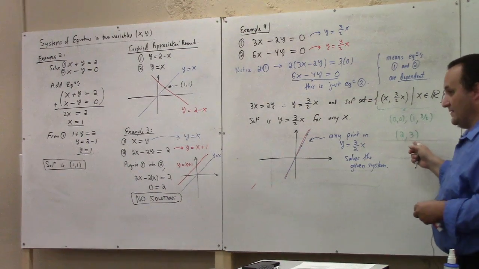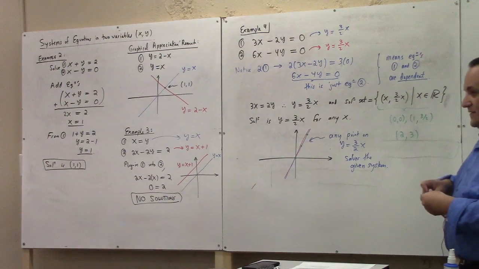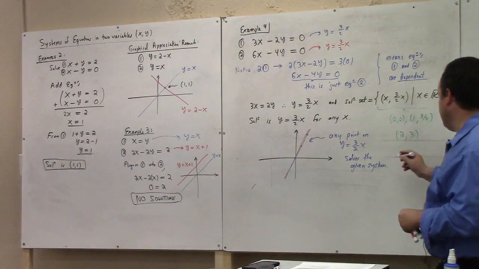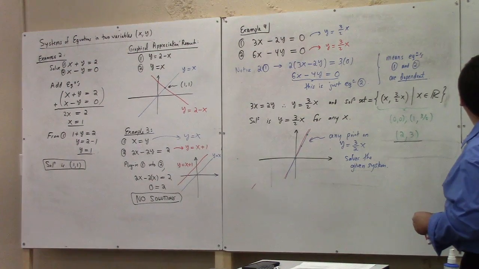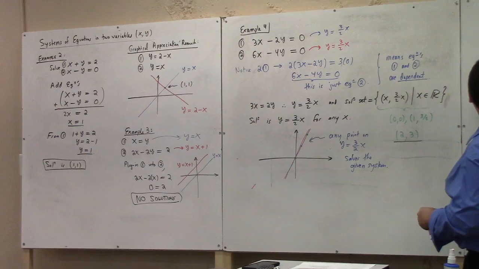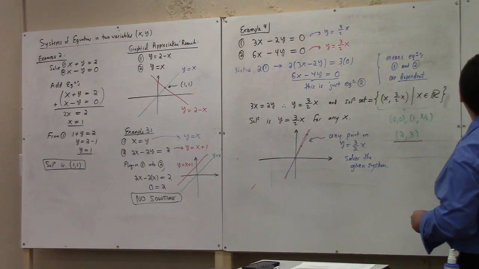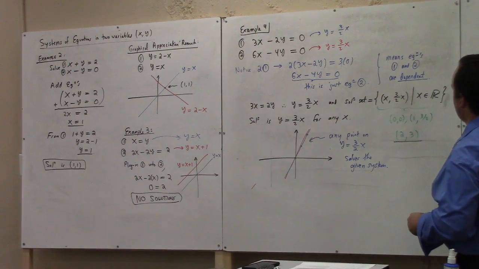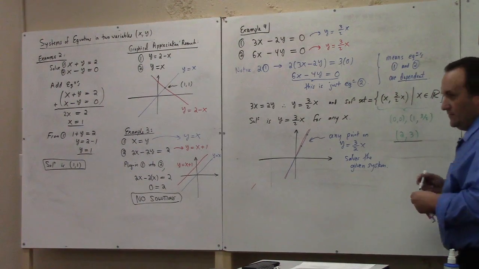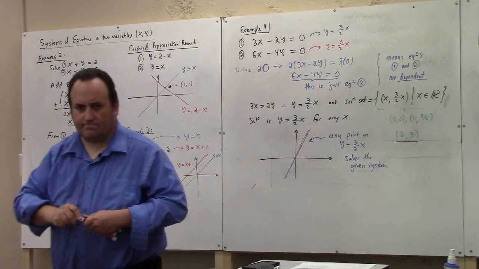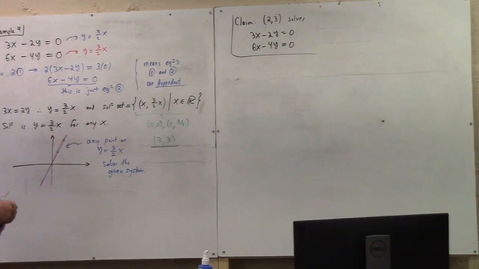Let me show you what I mean by that. What do I mean when I say that 2, 3 is a solution to the system of equations? It means it lies on the line, right? My claim is 2, 3 solves 3x minus 2y equals 0, and 6x minus 4y equals 0. How do you make good on that claim?